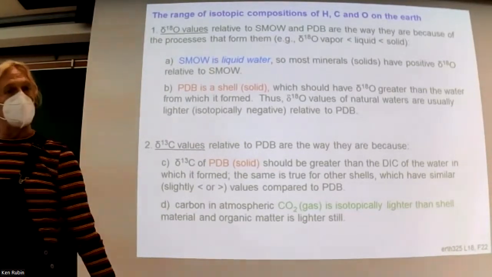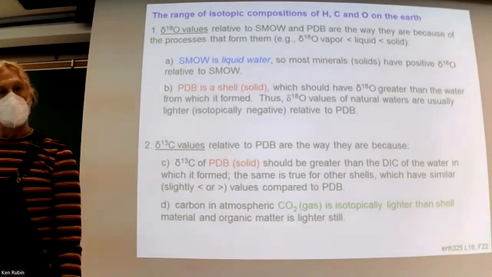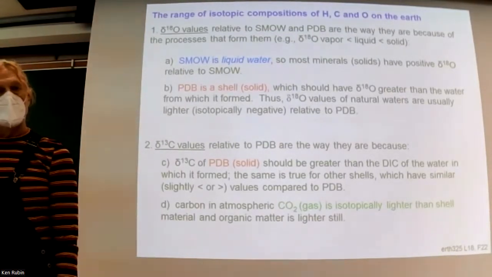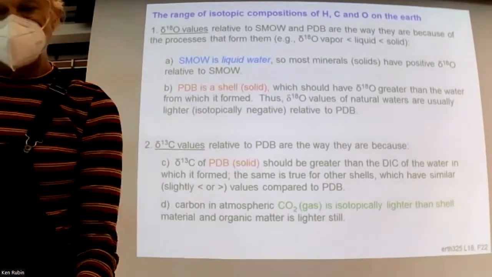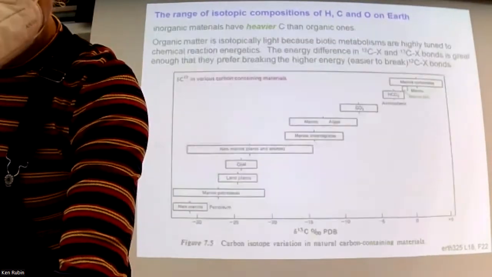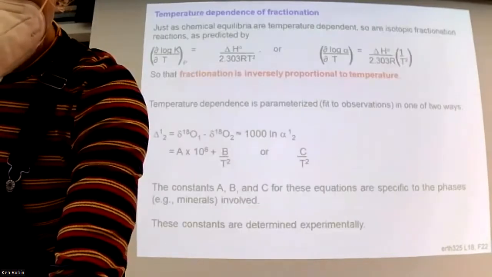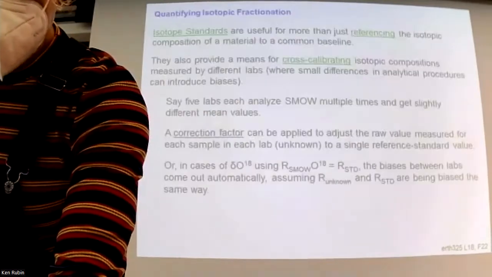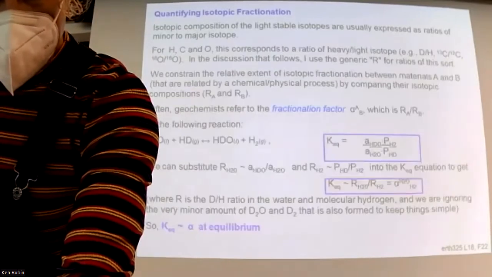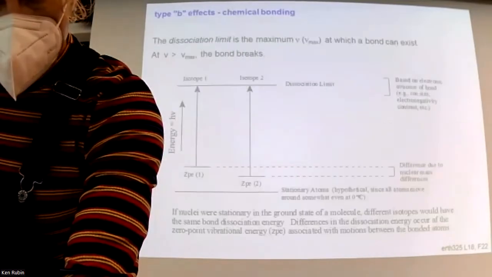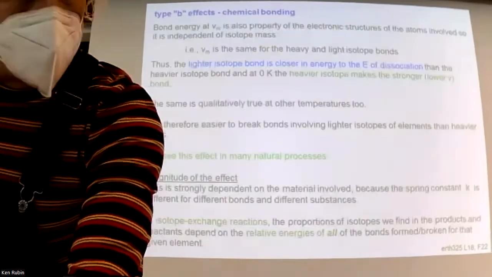Yeah, I have one question. For the quantifying isotopic fractionation part, where you talked about the R's, the alphas, and the deltas. This one? Yeah, so this slide right here.